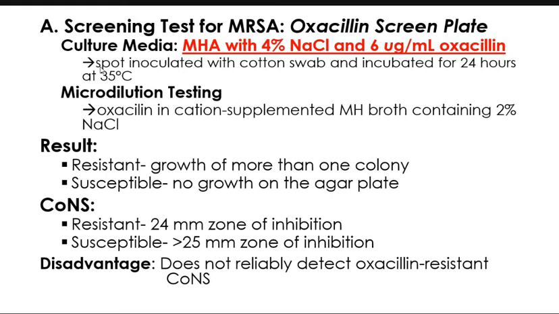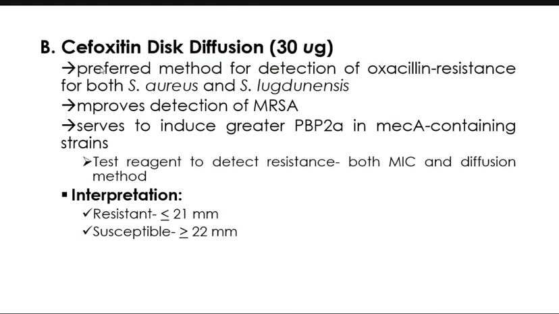For the coagulase negative Staphylococcus, resistant will be 24 millimeter zone of inhibition. Susceptible, greater than 25 millimeter zone of inhibition. Although it has this disadvantage that it does not reliably detect oxacillin resistant coagulase negative Staphylococcus.